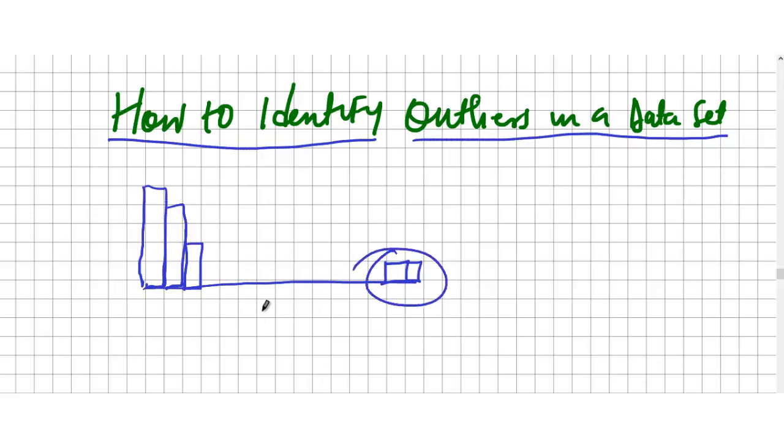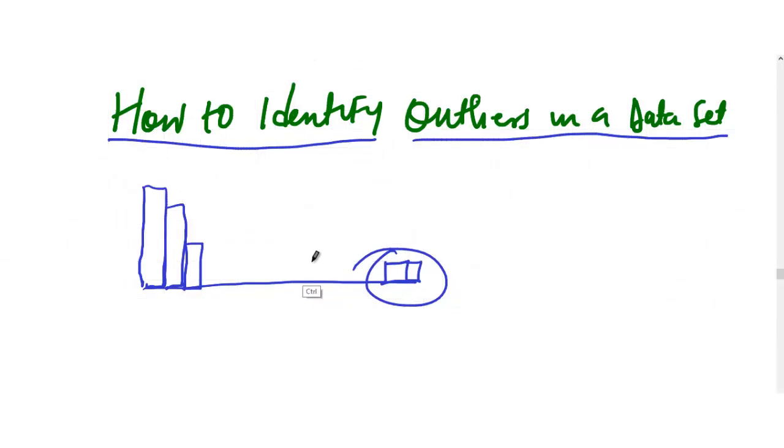These two data values are far away from the rest that are close to each other in this histogram. So these two data values are said to be outliers, in the sense that they are very far away from the rest of the data.